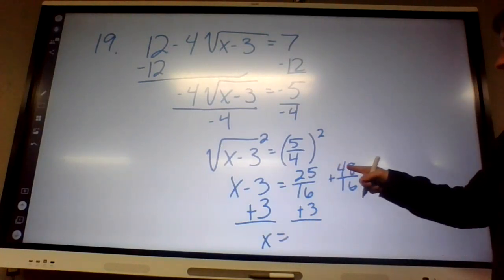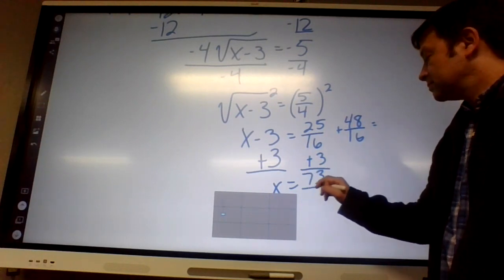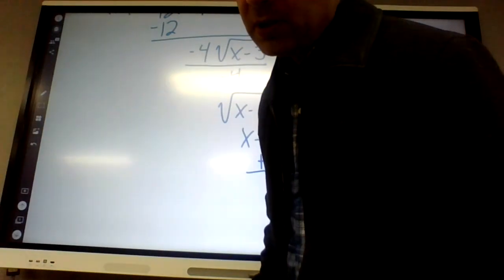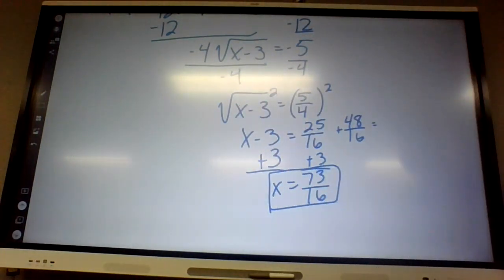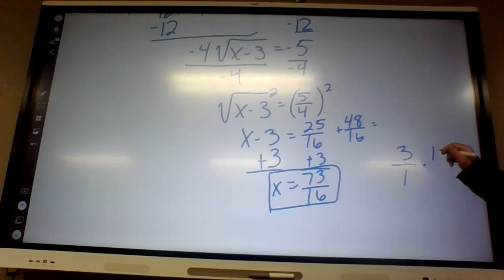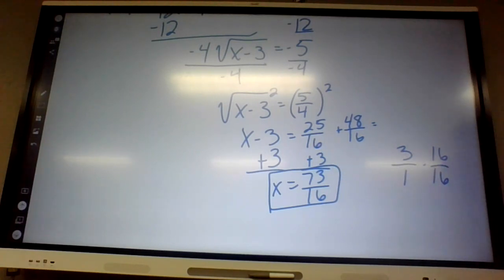So that would be 73 over 16. Let's see if I got it right. How would you get 48 over 16? I needed the common denominator 16. Oh, okay.